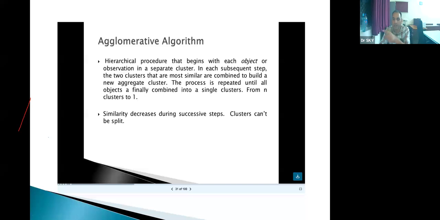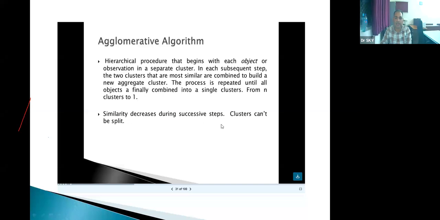This is many to 1. Similarity decreases during successive steps, definitely, because we first combine the two units or clusters with the least distance, then we add the clusters with a little bit higher distances. So here similarity decreases as we move to further steps.